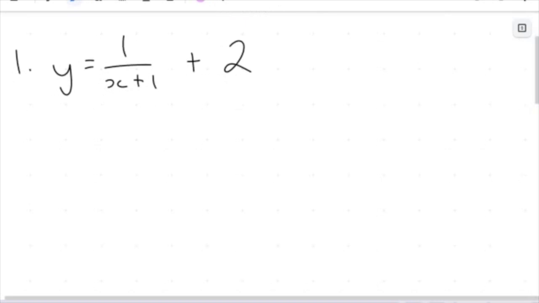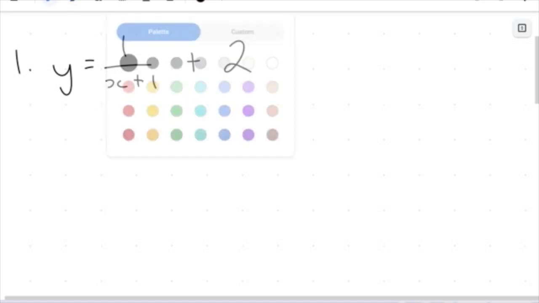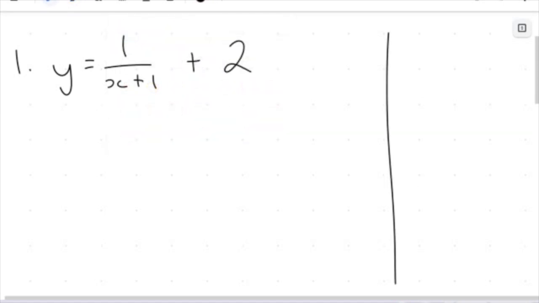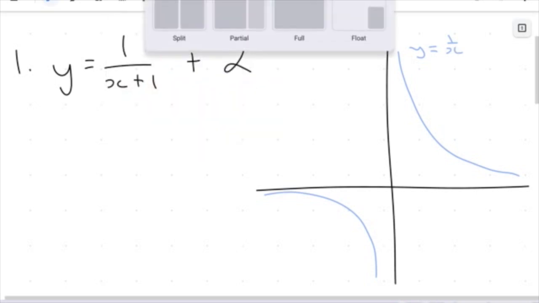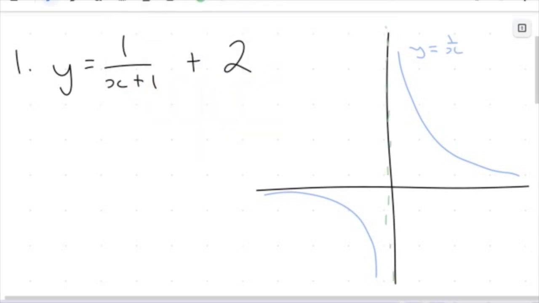So we have the equation of y equals 1 over x plus 1, plus 2. Now, this is in the form of a hyperbola. Remember, our general hyperbola, the easiest one, our starting point here, looks something like this, in which we have asymptotes at x equals 0 and y equals 0.